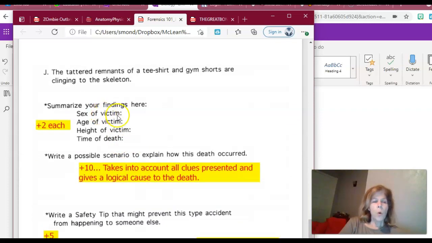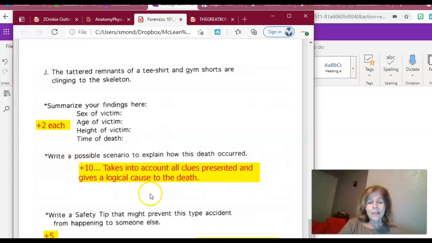And then for when you summarize your findings, it's +2 for giving the sex, the gender of the victim, the age of the victim, the height of the victim, and time of death. So each one of those is 2 points. So that gives you a total of 8 points there.